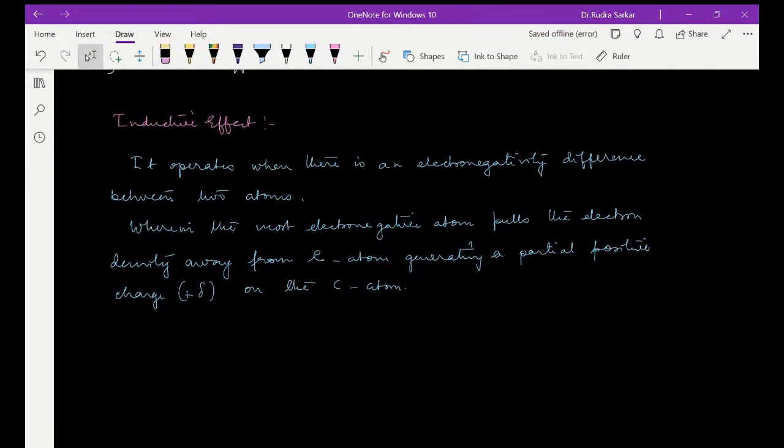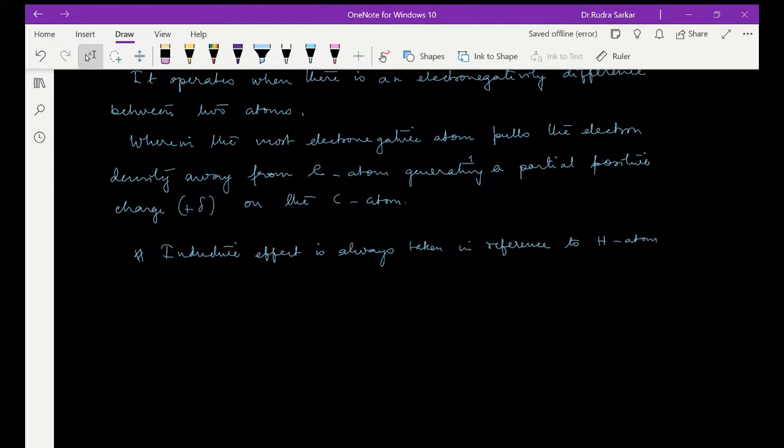So in other words, we will say inductive effect is always taken in reference to the hydrogen atom. Okay.